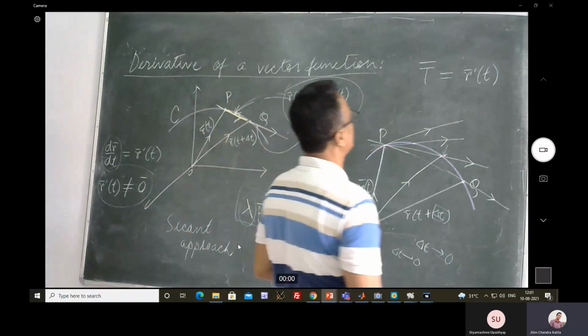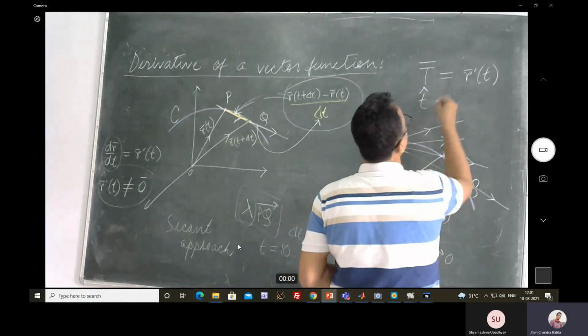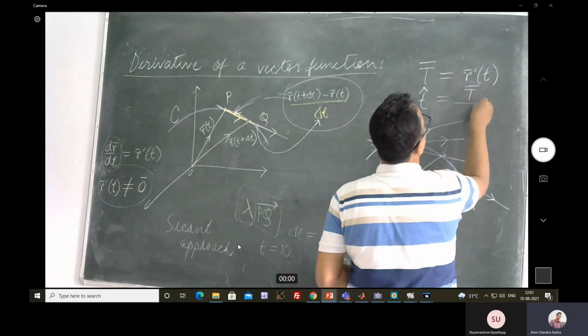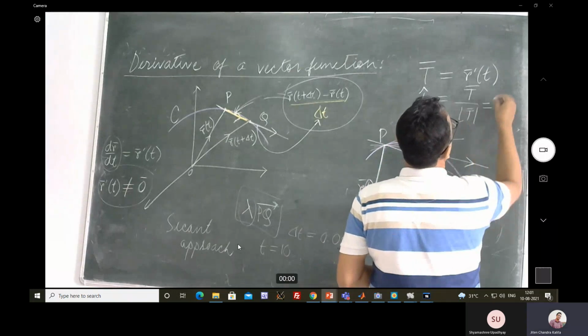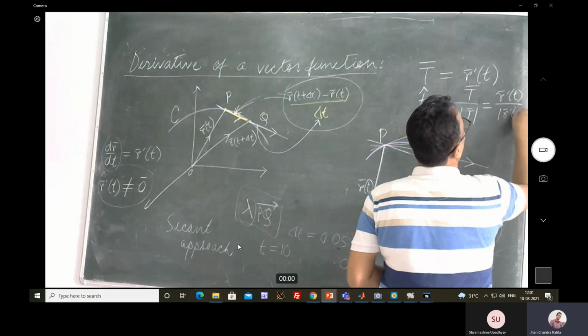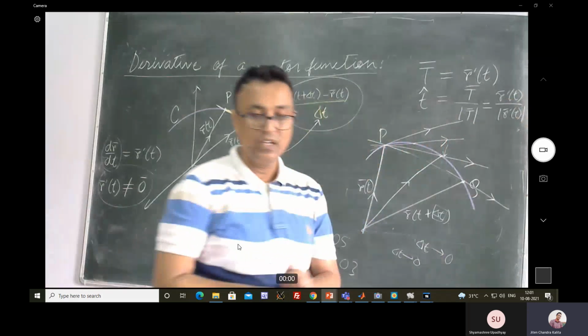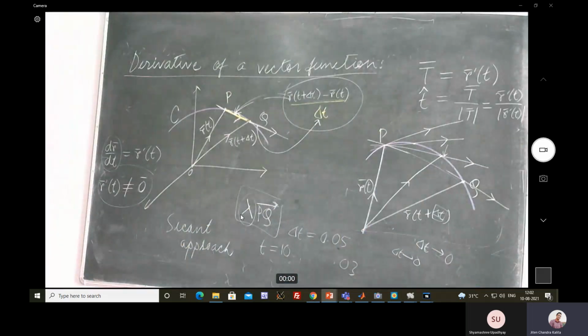If you have to find the unit tangent, denoted T cap, it is simply T divided by the absolute value of T, so it is r prime(t) divided by the magnitude of r prime(t). In my next class, I'm going to elaborate a little bit more on that, and I'm going to do arc length as well. Okay, thank you.